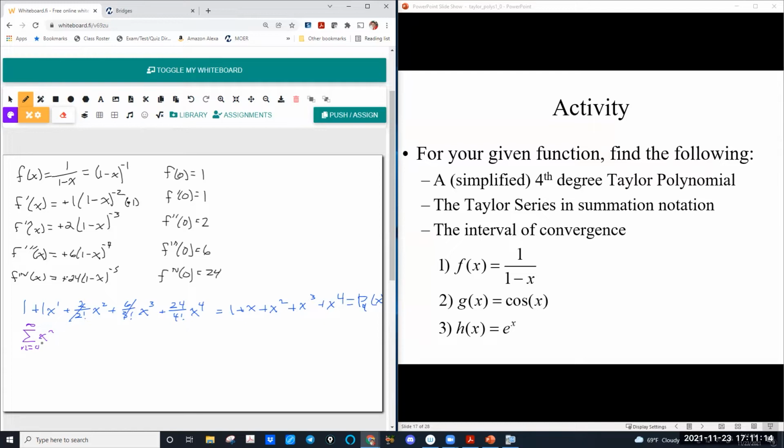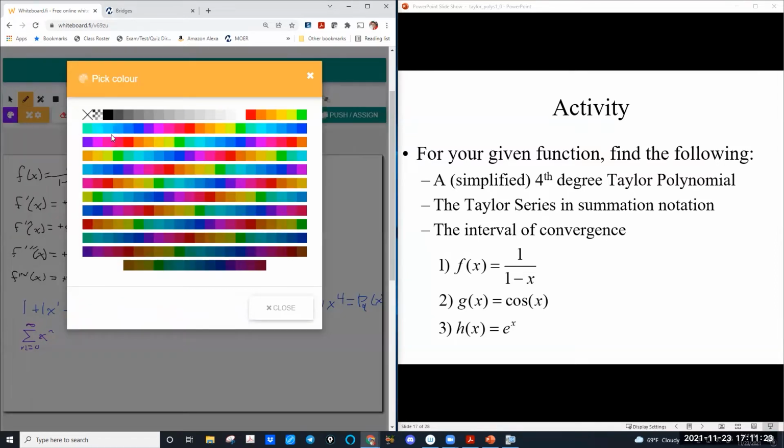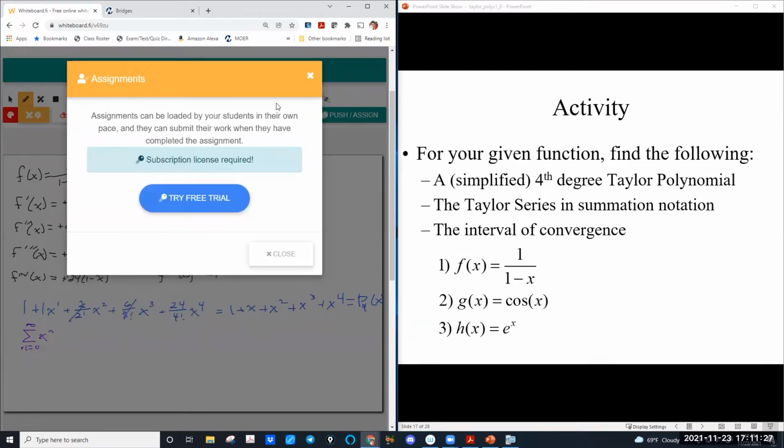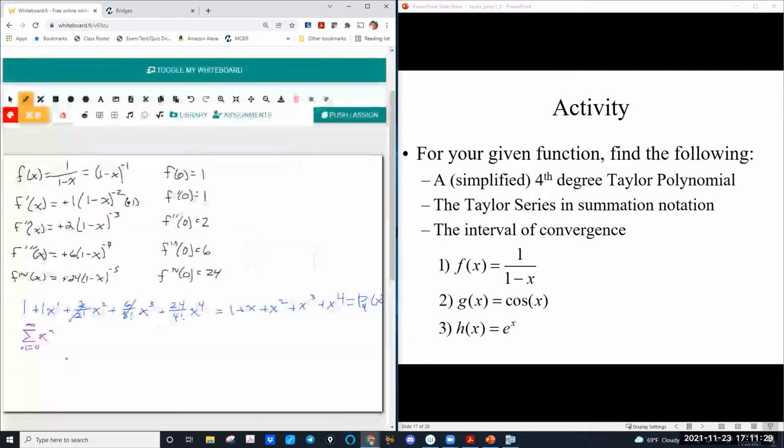Now, we want it in this closed form so we can do the interval of convergence. As we saw last time, the interval of convergence basically means we want to apply our ratio test. So we want to apply our ratio test here.